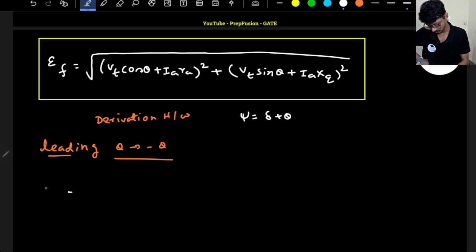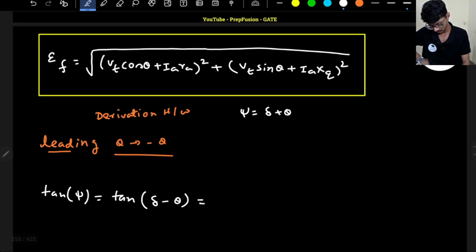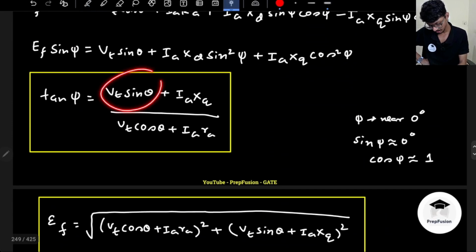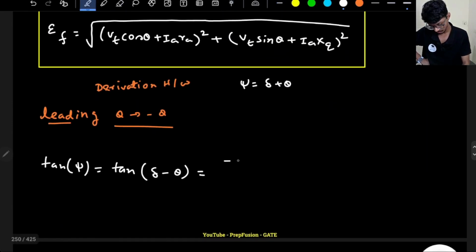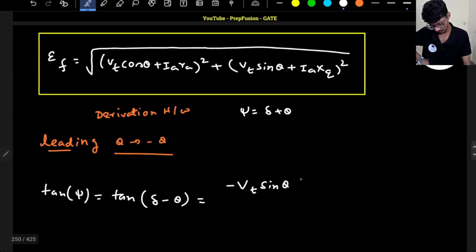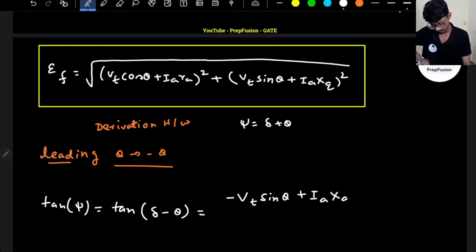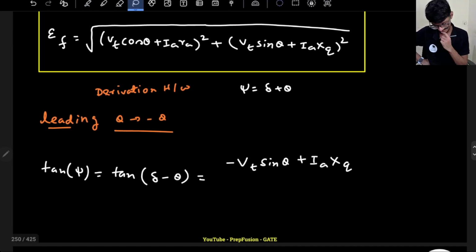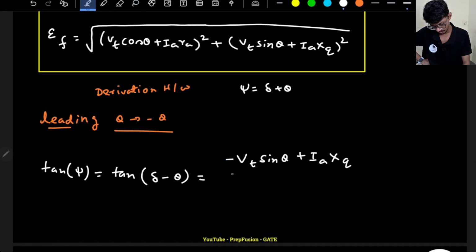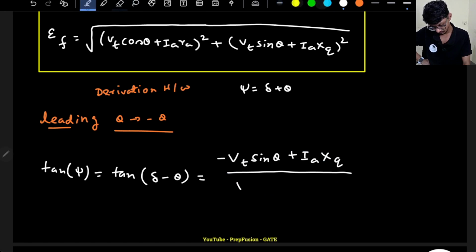So tan of xi, that is tan of delta minus theta, will be equal to, if I replace theta with minus theta, sine of minus theta is minus sine theta, so this will be minus Vt sin theta plus Ia Xq, divided by Vt cos theta plus Ia Ra, since cos of minus theta is cos theta only.